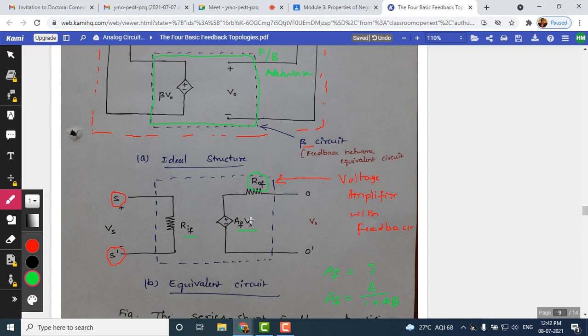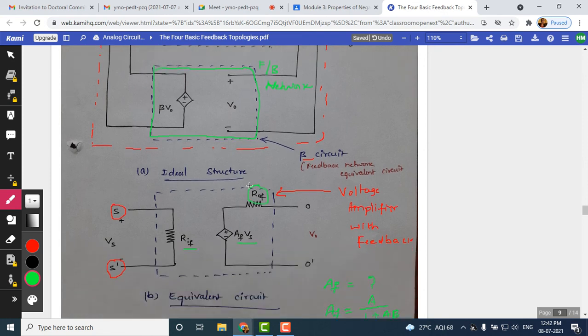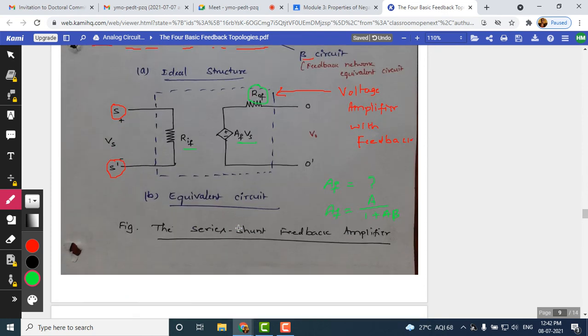So we already know the relationship between A and AF, but we don't know the relationship between RIF and Ri. Similarly, we want to know the relationship between ROF and R naught. So we are going to do that derivation here.